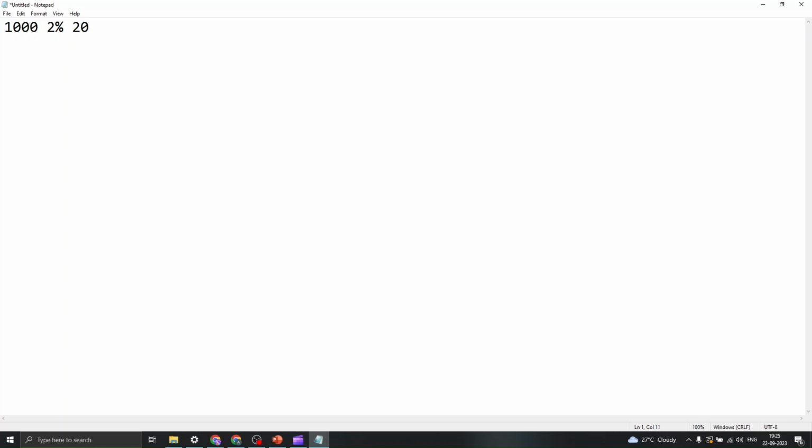Now, how do I calculate my position size? Position size is basically your risk amount divided by the percentage your stop loss is away from your entry. So it will be 20 divided by, we have taken 4%. 4% is 4 divided by 100, which is 0.04.